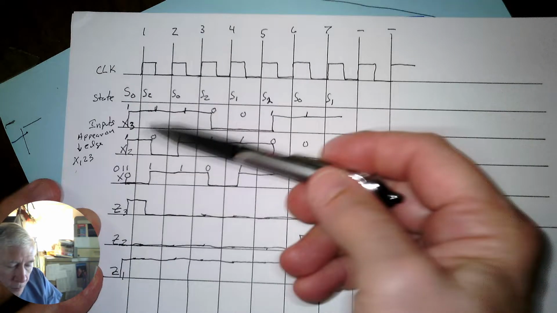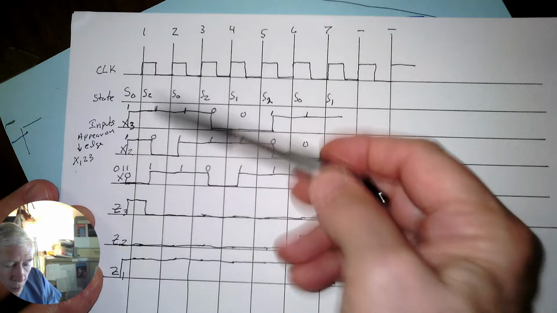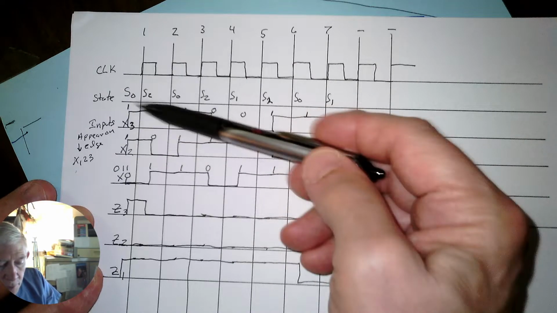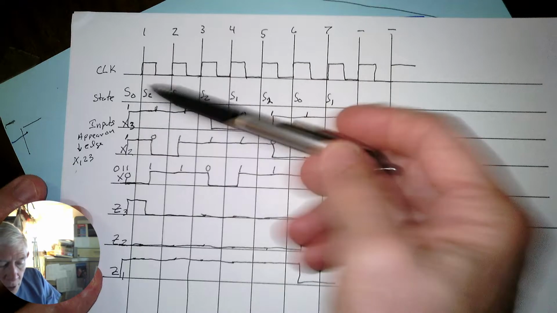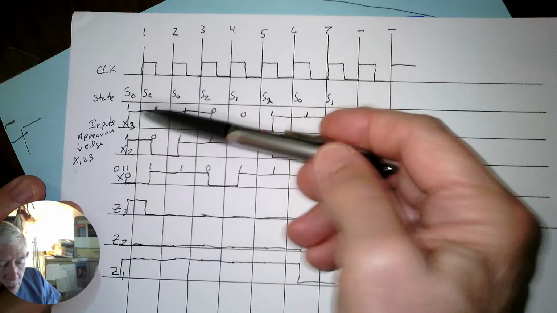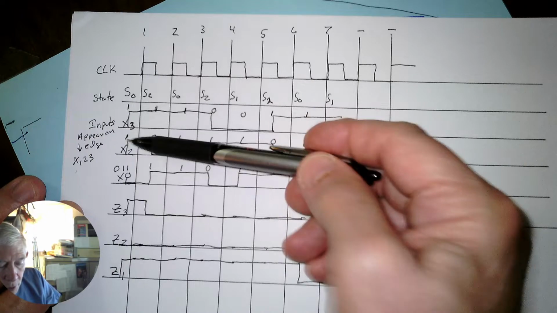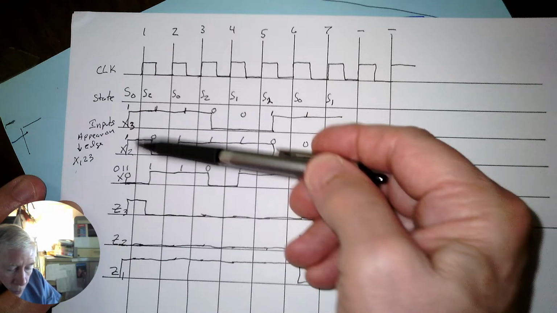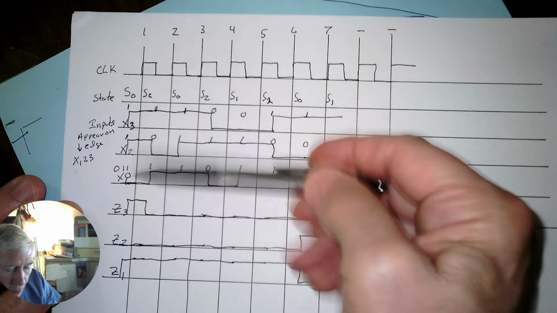All right. At each clock edge, I have my new inputs and my current state. My current state is S0, and my new inputs are X1 is 0, X2 is 1, X3 is 1, so 0, 1, 1.